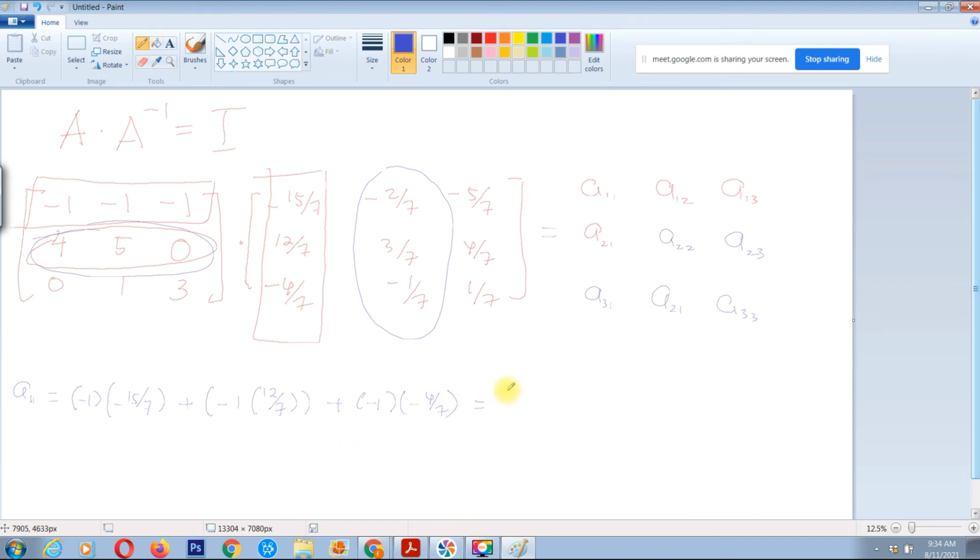Put in the calculator, you will get 1. So A11 is 1.